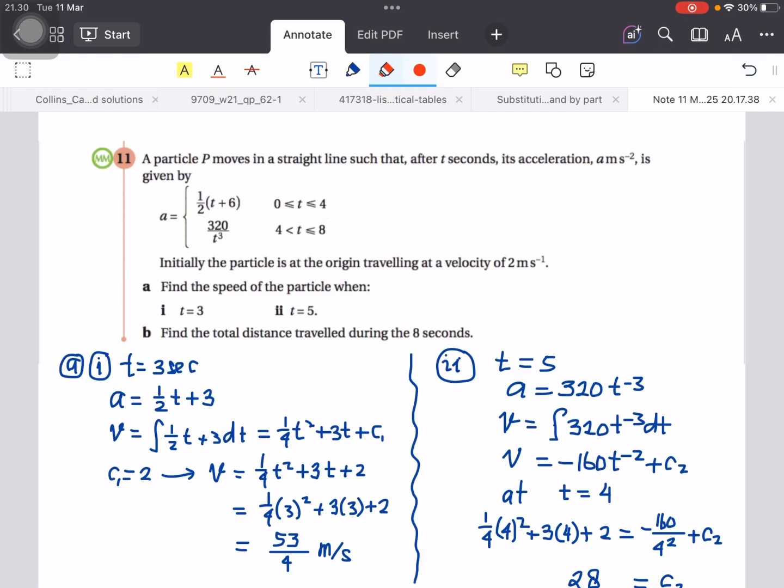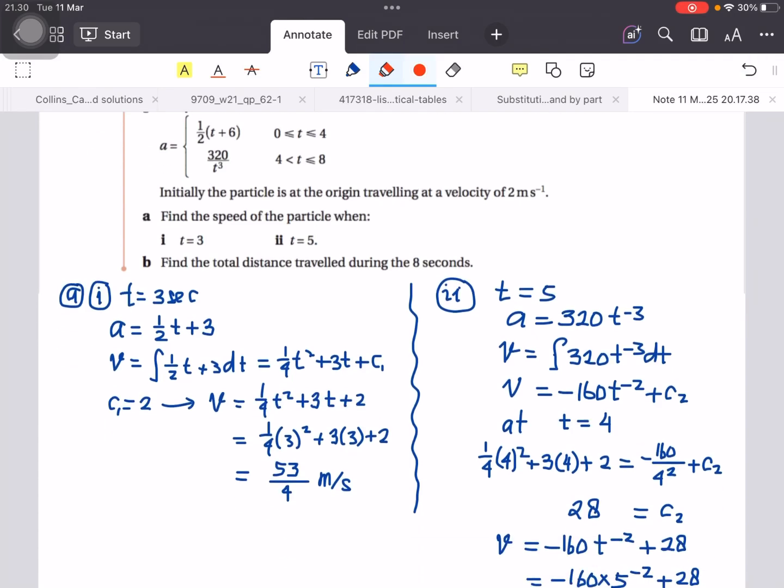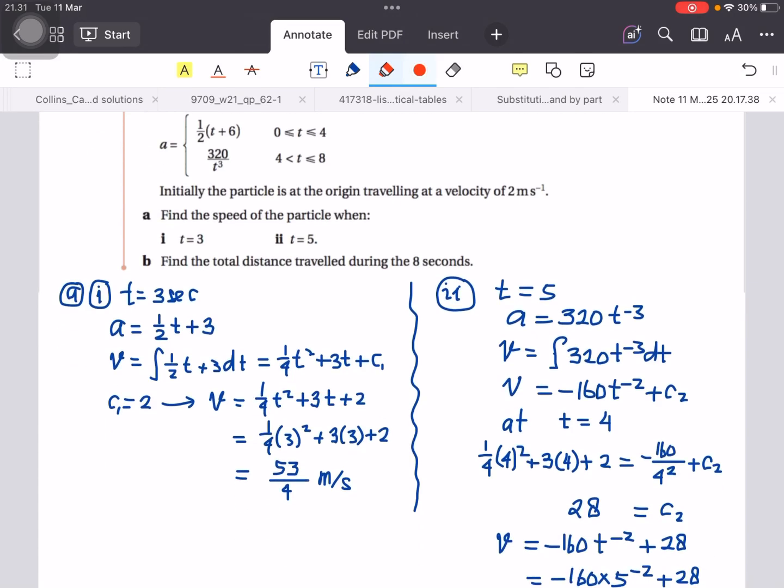And using the continuity principle, when t equals 4, the value of the velocity using the first formula must be the same as when we use the second formula. Remember, only for t equals 4. For other values of t, of course, the value will be different.